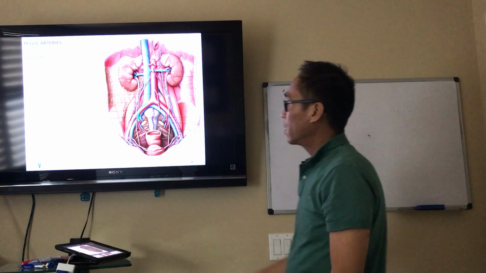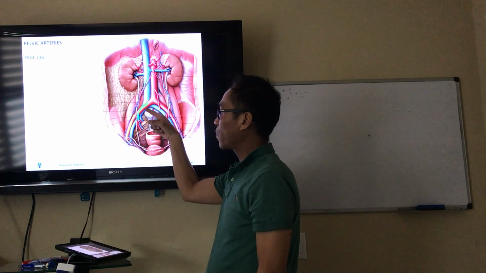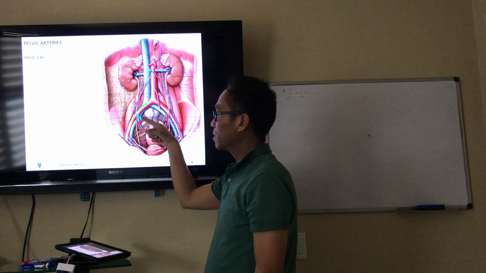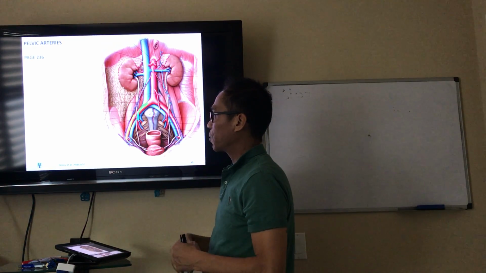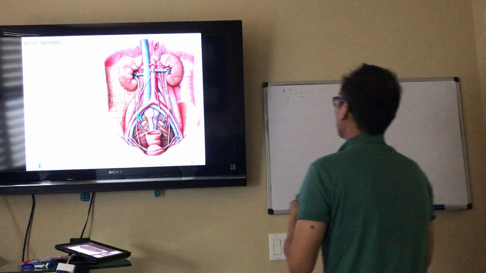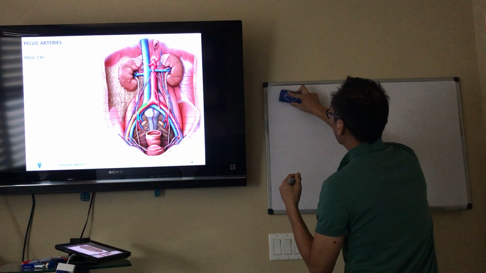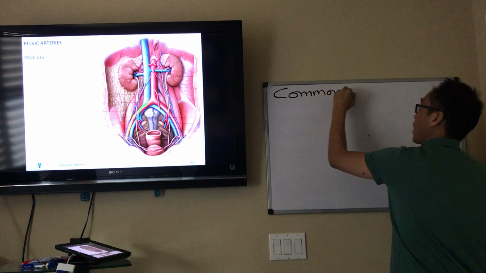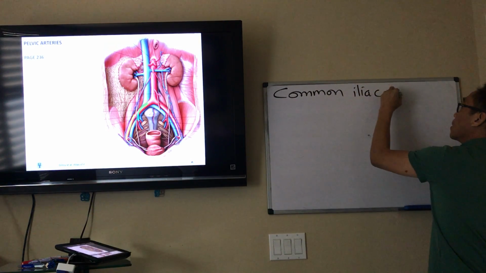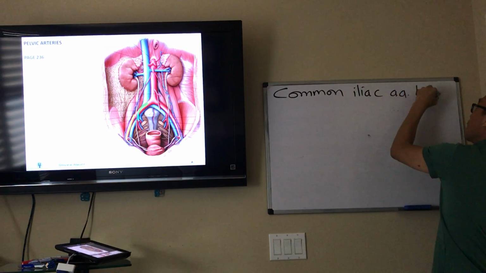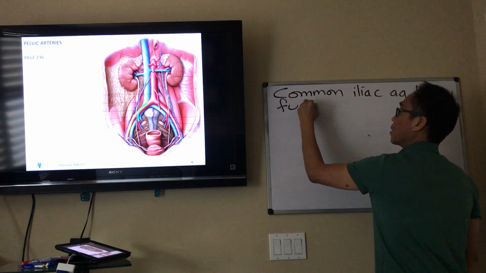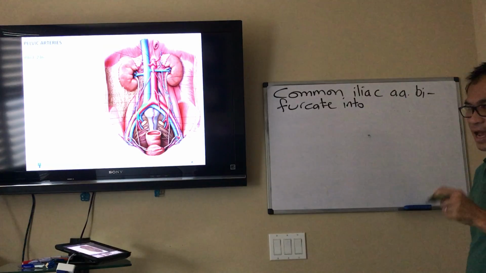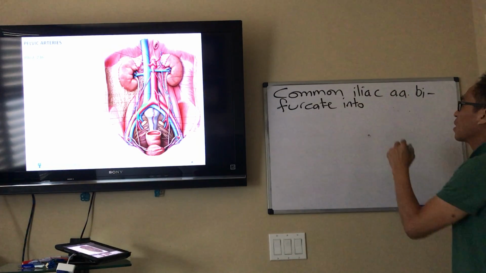So we ended by saying we have the common iliac arteries. I have the right common iliac artery highlighted in green. It bifurcates into internal and external iliac arteries. Common iliac arteries bifurcate into the internal and external iliac arteries.